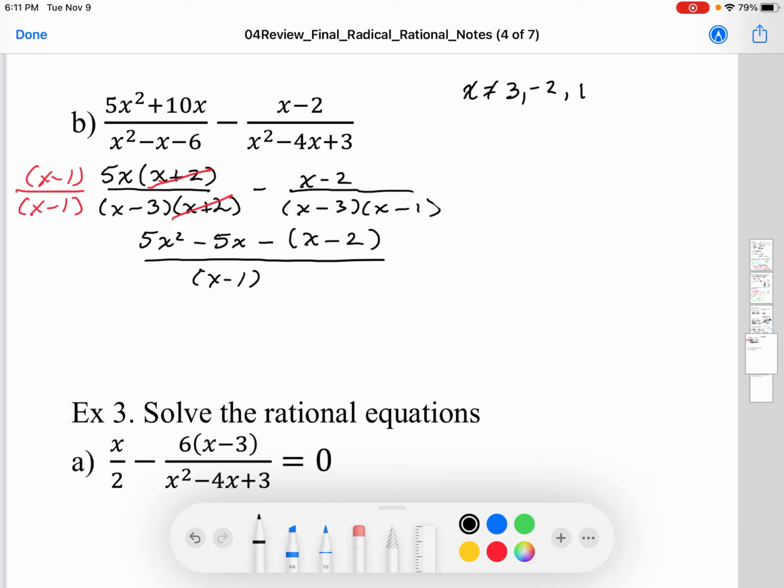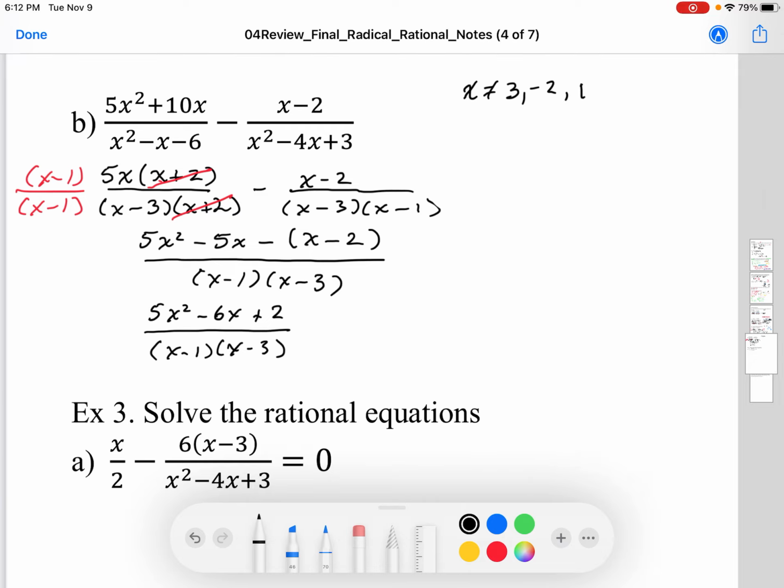So the common denominator of x minus 1, x minus 3 is there. I can combine like terms. Minus 6x plus 2. And that's all over my common denominator of x minus 1, x minus 3.